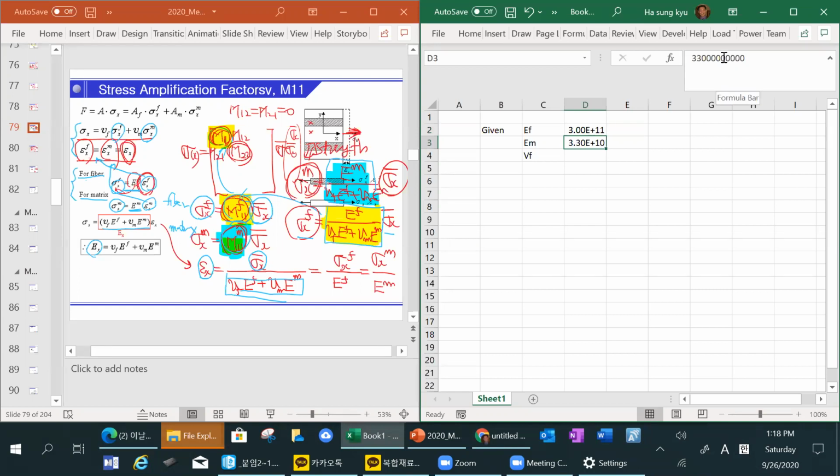No, not 30, about 3.3 gigapascal. And the volume fraction of the fiber usually ranges from say 0.4 to 0.6. In this case, let's choose 0.6.